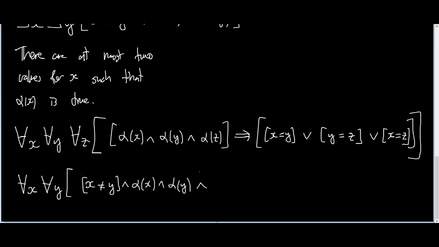And then we can add to this that now if we have a z such that alpha z is also true, and then again we don't need those brackets there, then it should follow that z must be either x or y.